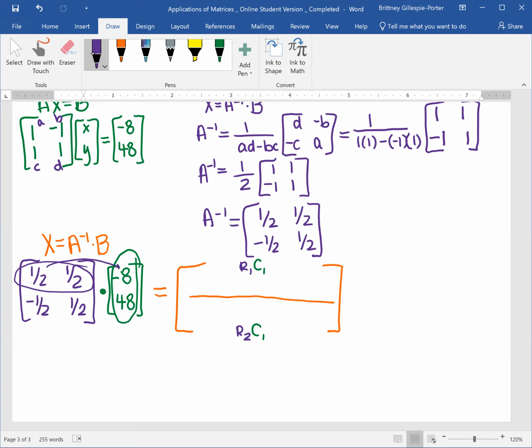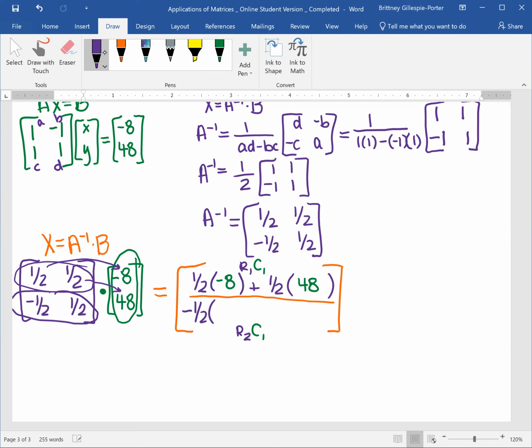Remember, we multiply the first 2 together and add the second 2 multiplied together. So row 1 times column 1, we get 1/2 times negative 8 plus 1/2, the second 1/2, times 48. Because we have finished row 1 through column 1, we get to go to row 2.